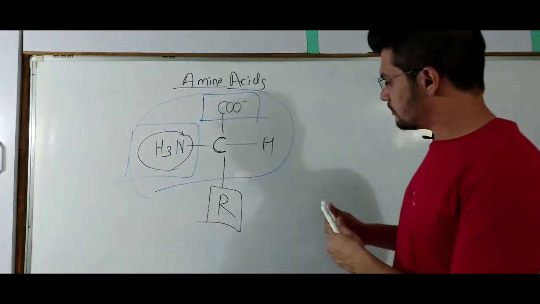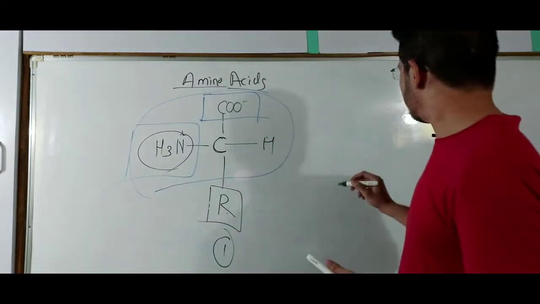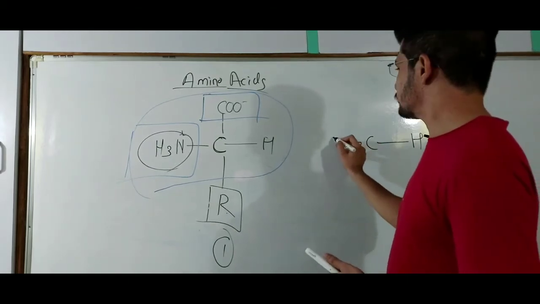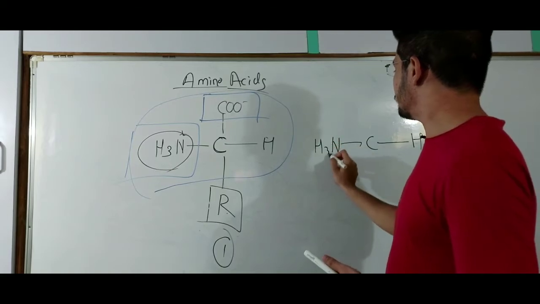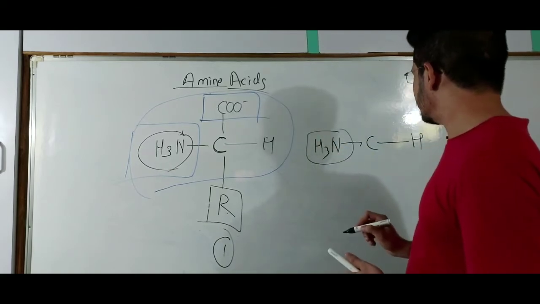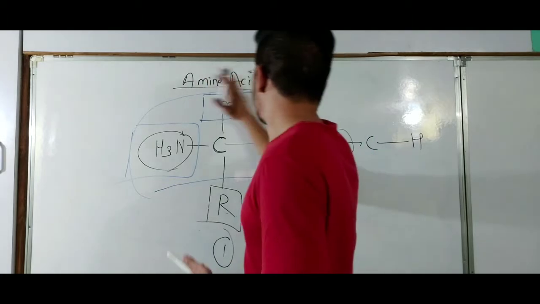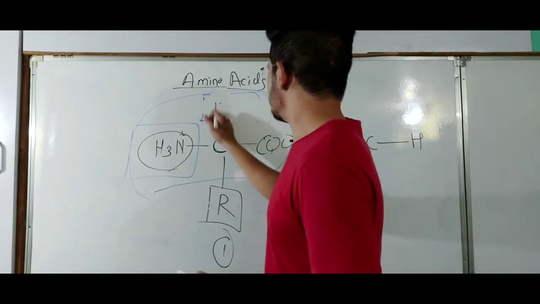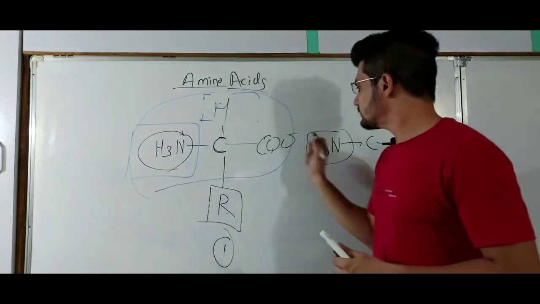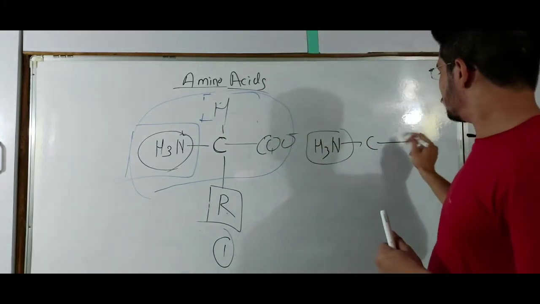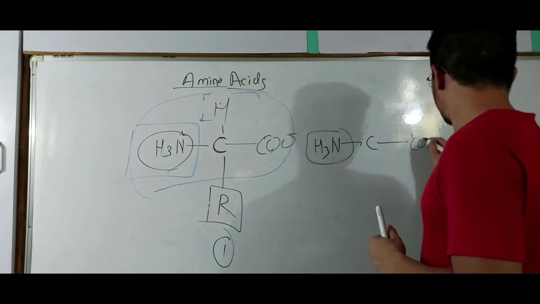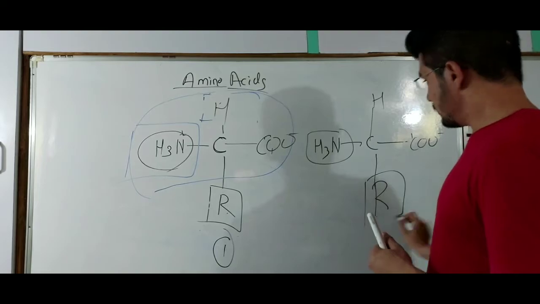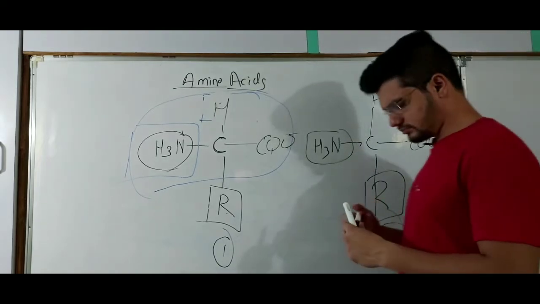Suppose we have this amino acid 1 and in this case we have amino acid 2, with NH3. Suppose we write this carboxyl group here and this hydrogen here. So we have this hydrogen, this carboxyl group here, this hydrogen here and the R group here. So this is the second amino acid.